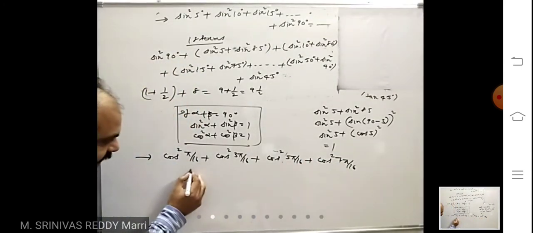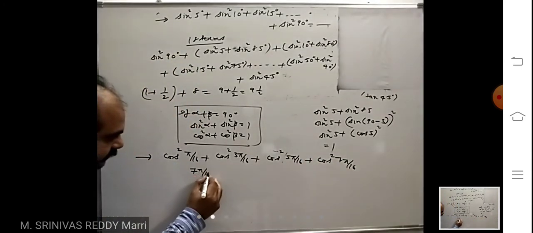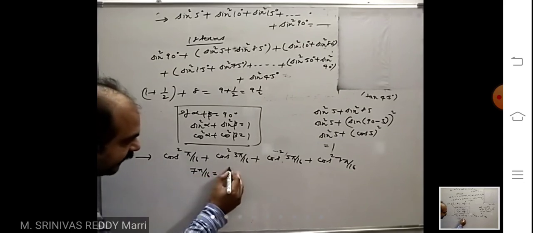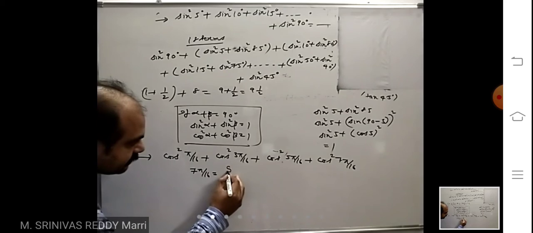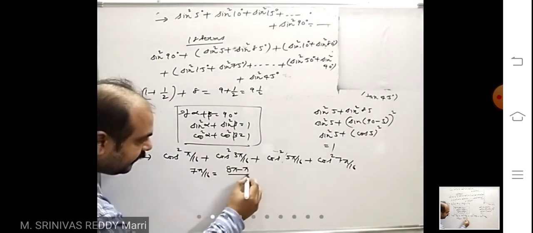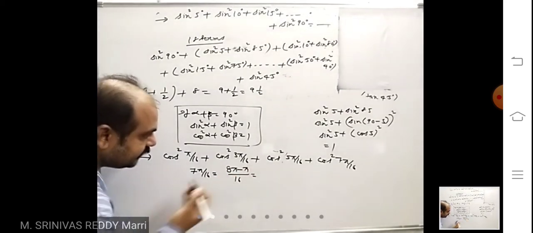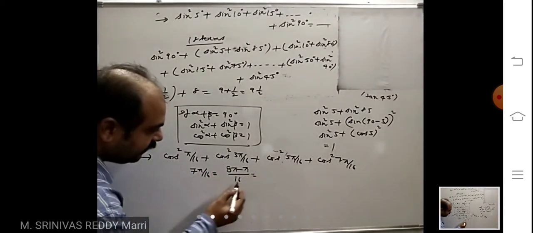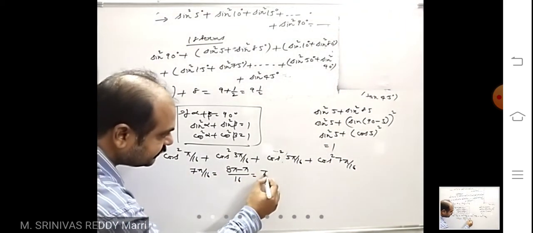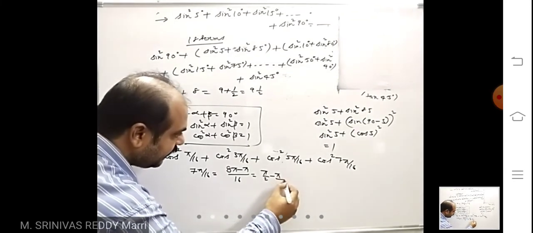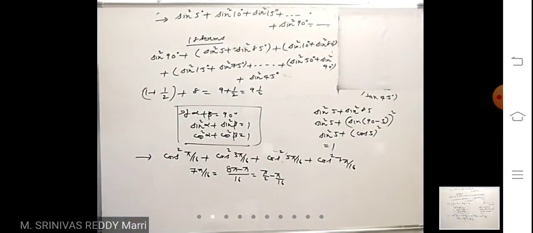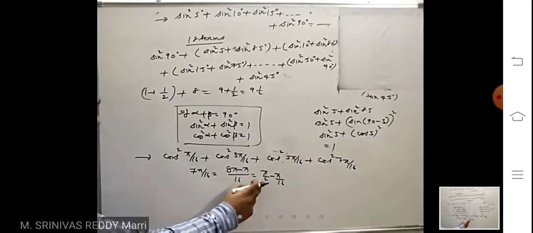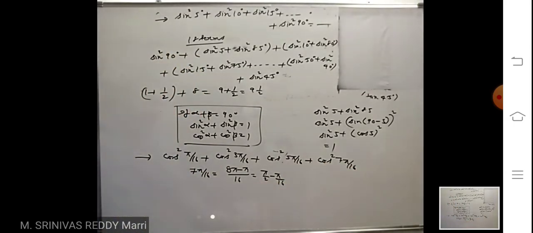If you take 7 pi by 16, I am writing 7 pi as 8 pi minus pi. If you split 8 pi by 16, pi by 2 minus pi by 16. So this 7 pi by 16 is nothing but pi by 2 minus pi by 16.